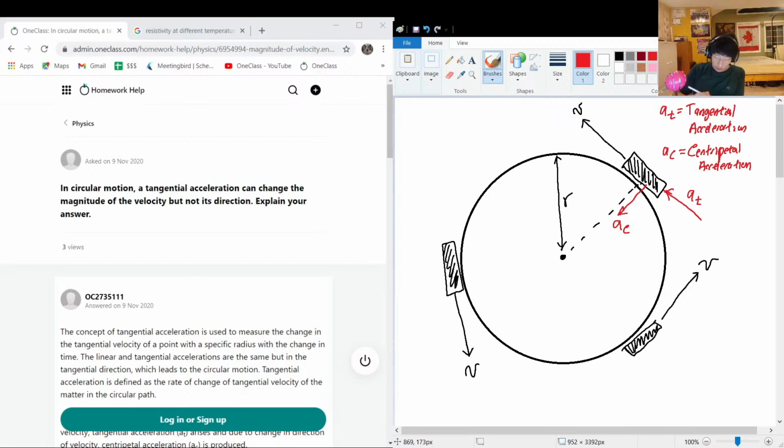Centripetal acceleration is always going to be towards the middle point of the circular path. And tangential acceleration is always along the tangent line.